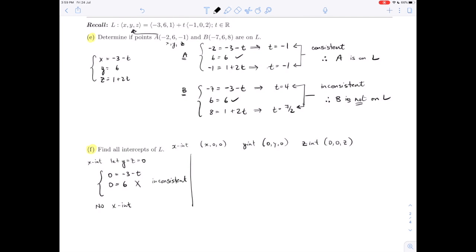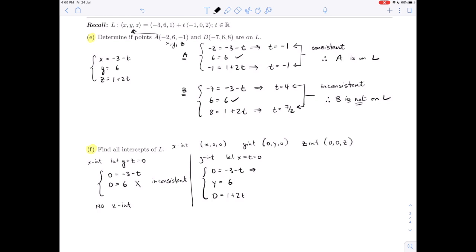Let's do the same thing for the y-intercept, which means that we are going to let x and z be 0. Again, we'll plug those into the parametric equation form. So 0 for x is minus 3 minus t, y is 6, and 0 is equal to 1 plus 2t, so this has a possibility here.